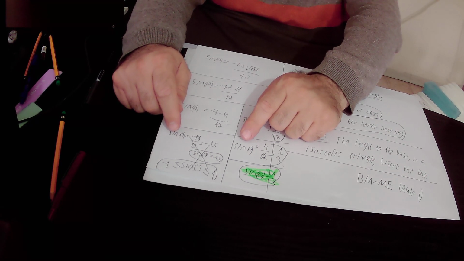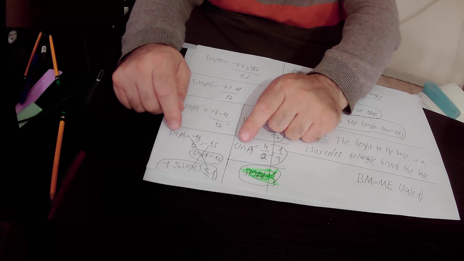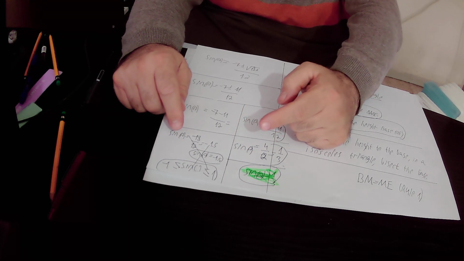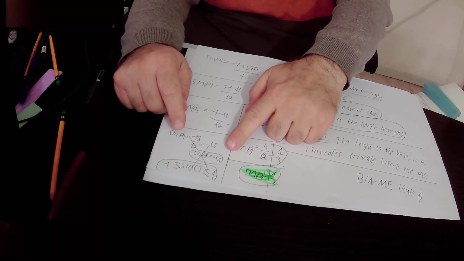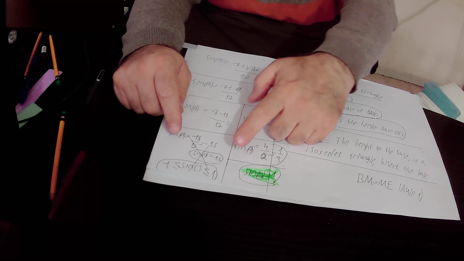And because minus 1.5 is less than minus 1, it exceeds the range of the function, and we can say that sinus theta can never receive the value of minus 1.5 because its range is from minus 1 to 1.